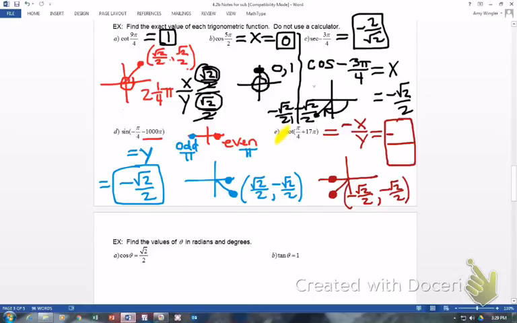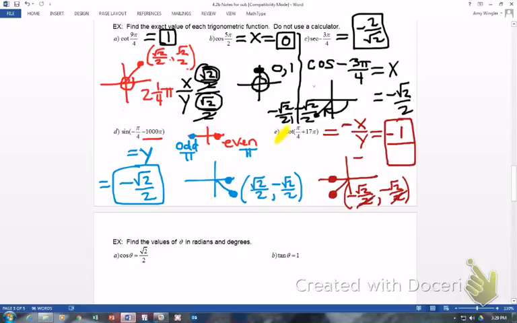So cotangent is the x value over the y value. So if I put negative radical 2 over 2 over negative radical 2 over 2, that's going to reduce to 1. I do realize that when I told you guys when you find cotangent or tangent, you ignore the denominators.